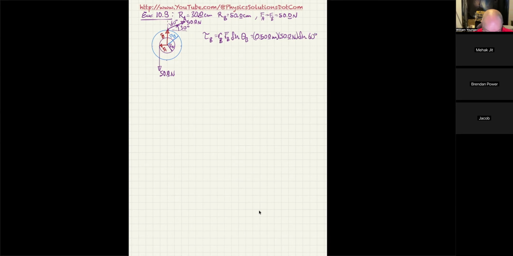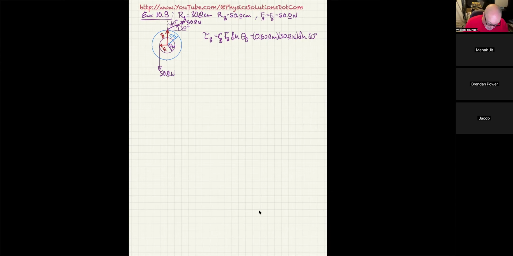And by the way, if I wanted to say which way this is rotating, I would have to spin my hand like this and have my fingers curl around this way, because the torque for this particular R sub B and F sub B is tending to rotate it in a clockwise direction. That means this one should point into the page. So the right hand rule tells us this torque sub B is into the page.